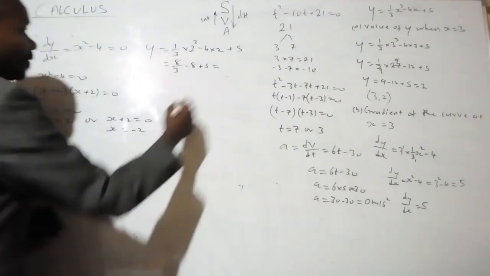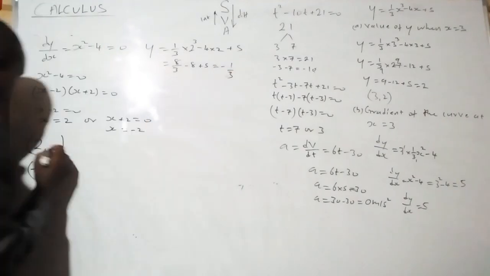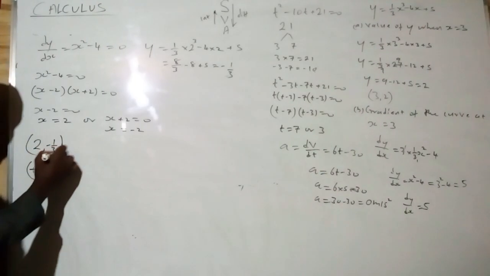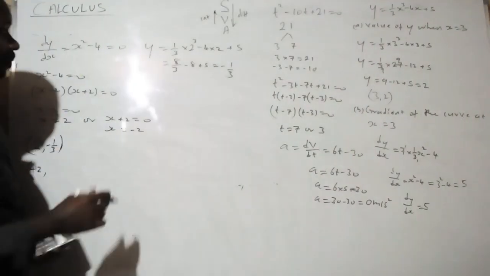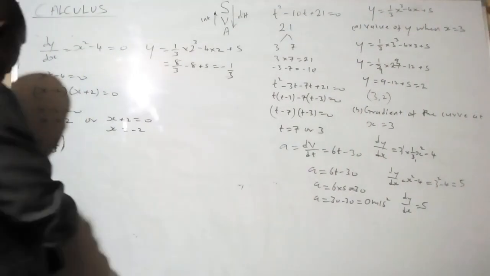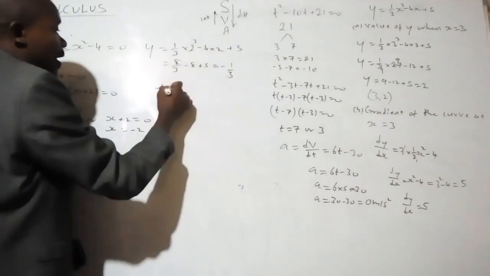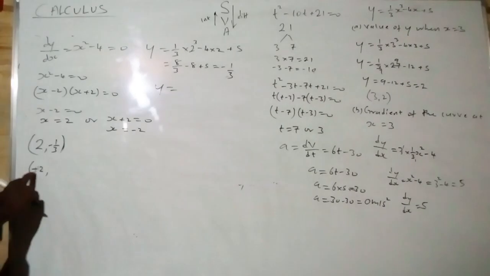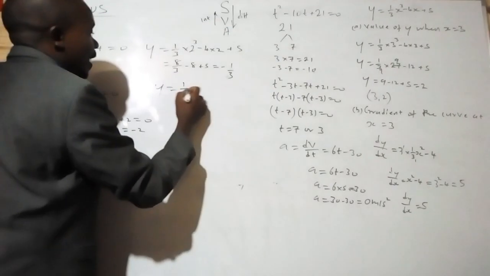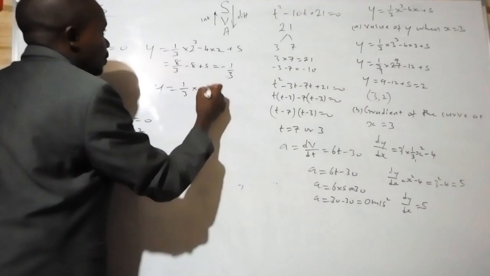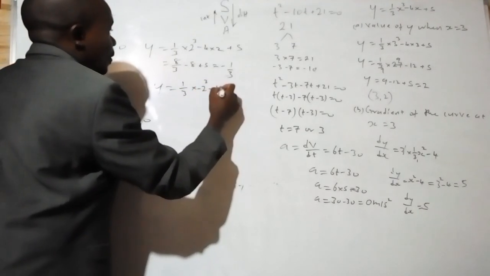Next, you replace x with -2 in the same y function: a third times -2 cubed minus 4 times -2 plus 5.